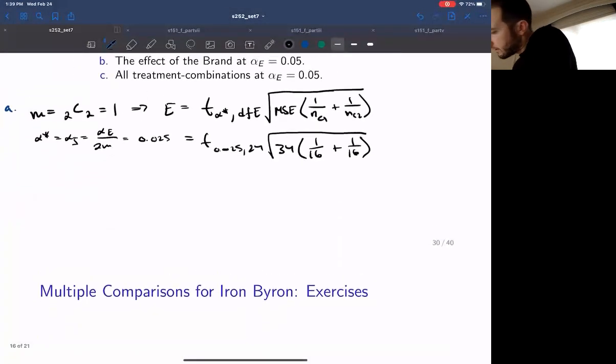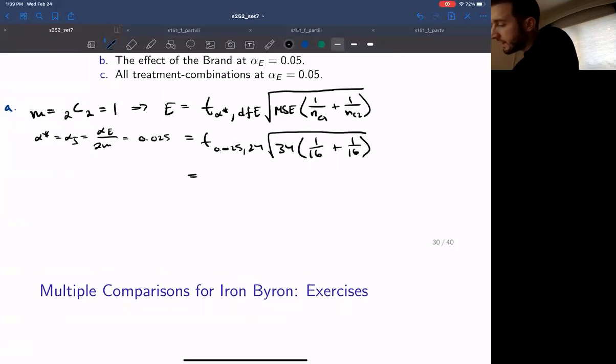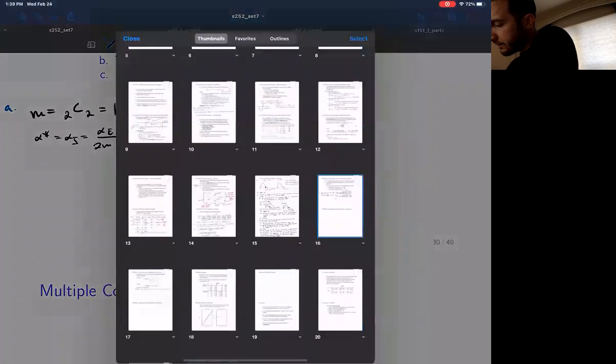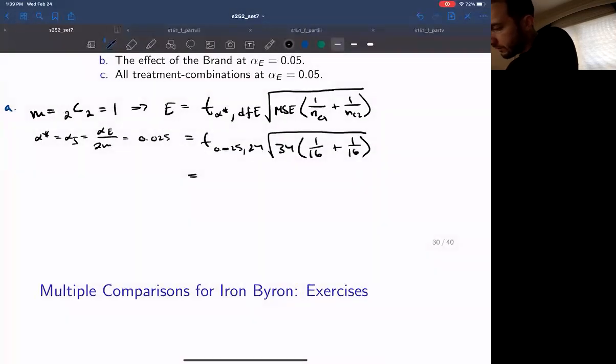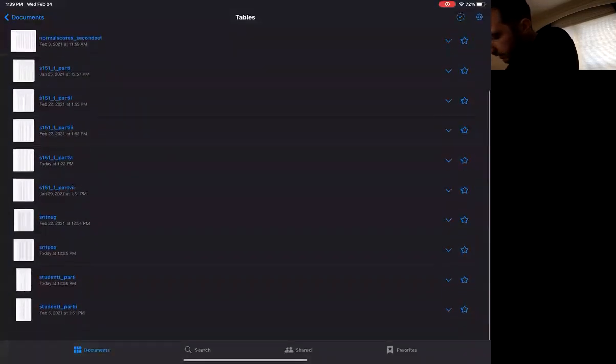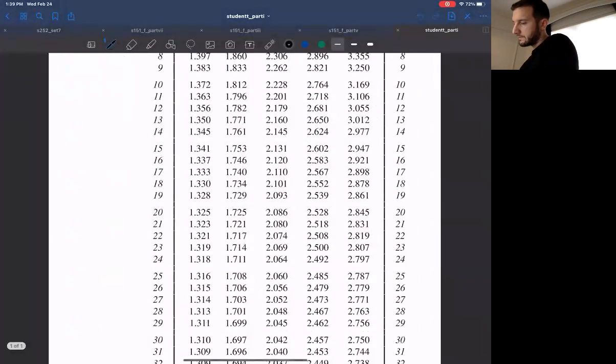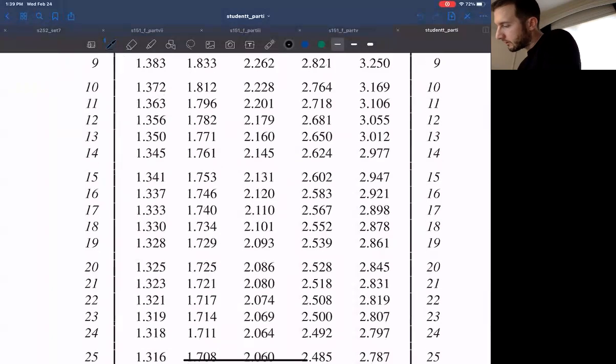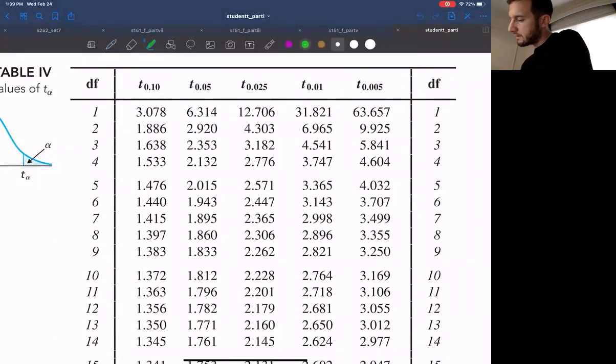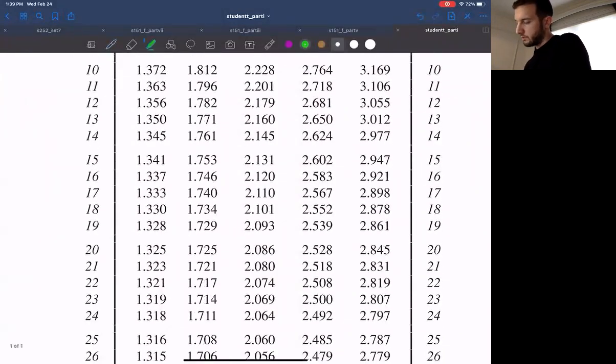Okay, so this is going to give us, well, we can actually look up this particular t-value, but usually, obviously, we'd have to estimate them. So in this particular case, our t-value is going to be on 0.025 and 24, which is 2.064.